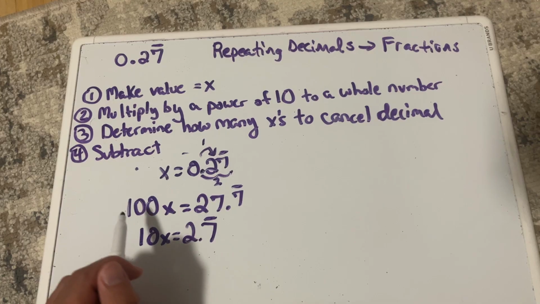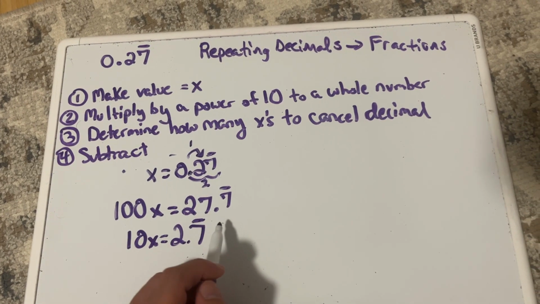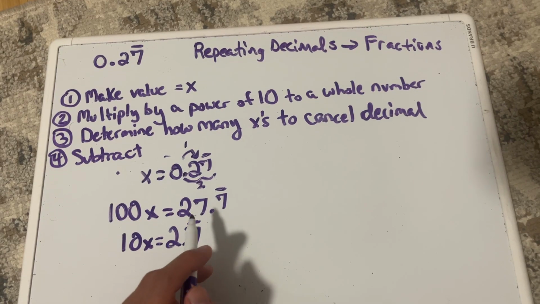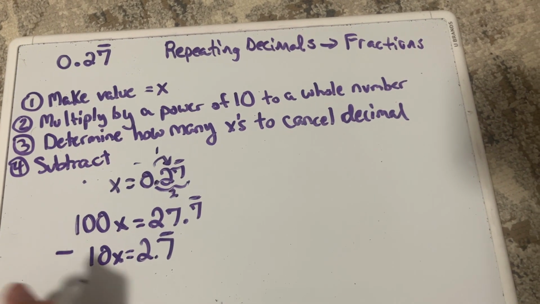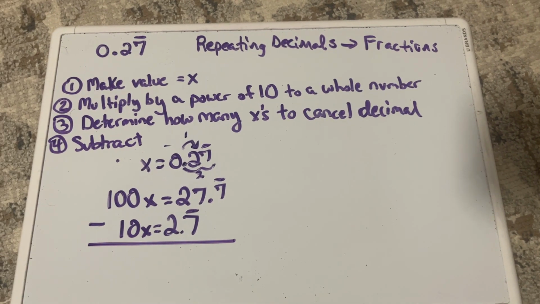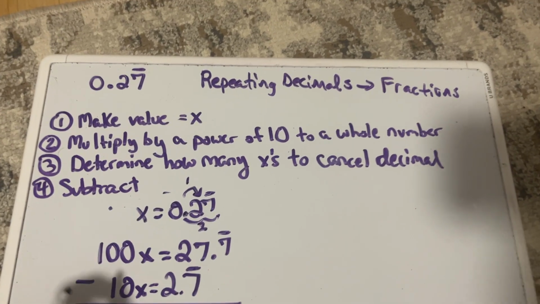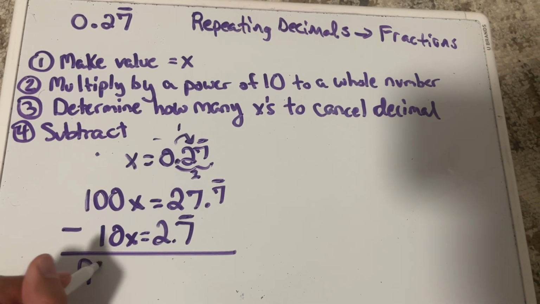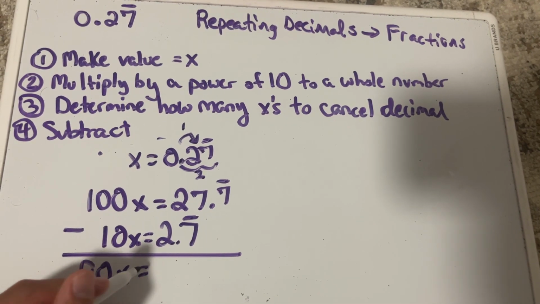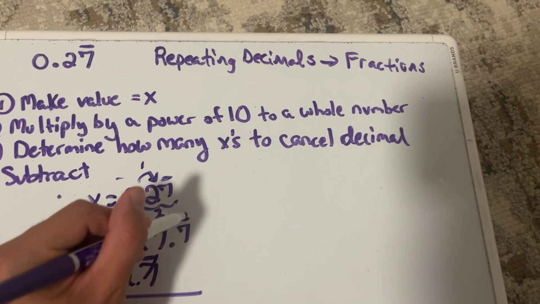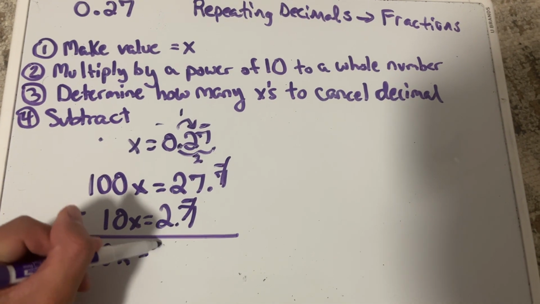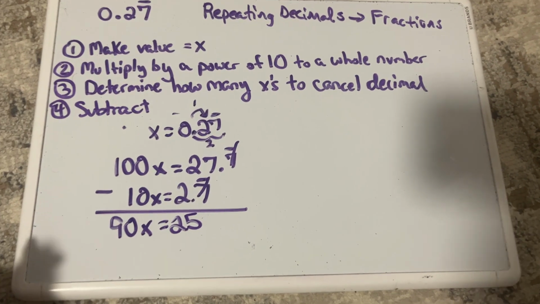Since both of these have just the 7 repeating after, I'm going to subtract all of this. So I'm going to do 100x minus 10x, get 90x. And then since the repeating 7s cancel, I am just going to do 27 minus 2 equals 25.